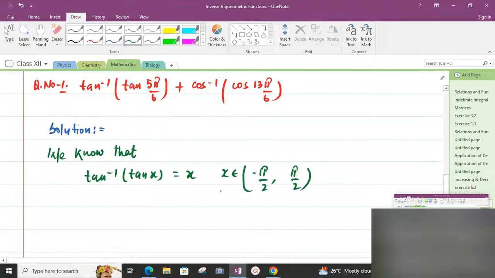Hope that there is no problem to understand up to this step. And we also know that cos inverse cos x equal to x, and x is an element of 0 to pi.